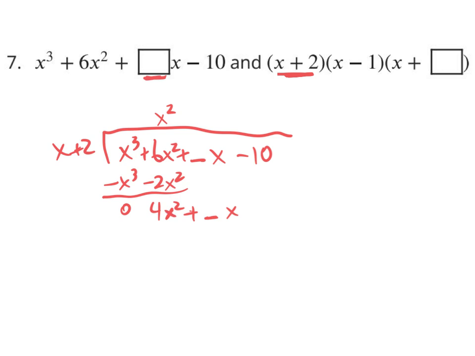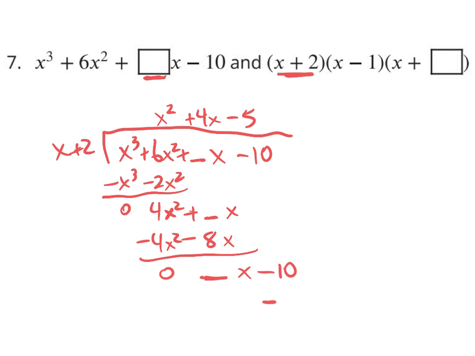How can I figure it out? I know this has to be plus 4x because it matches my leading term, which gives 8x. Now I have to change both signs to get them to cancel out. I still don't know what this is, but I'm going to bring down my negative 10. Now, what multiplies by 2 to make negative 10? Well, negative 5 times 2 is negative 10. Negative 5 times x is negative 5x. And then I have to change both signs to get to 0.